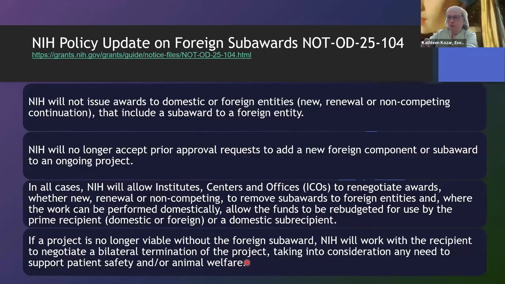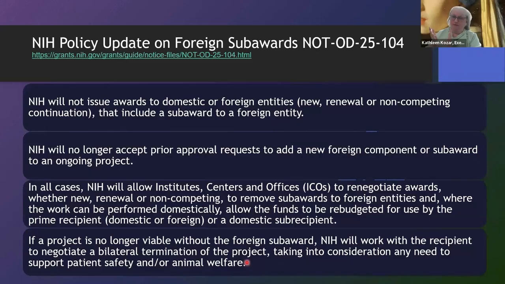And when an award is made, an award will be made directly to the foreign entity, and an award will be made directly to Tulane University. But again, both at the proposal stage and the award stage, the project will be linked together.